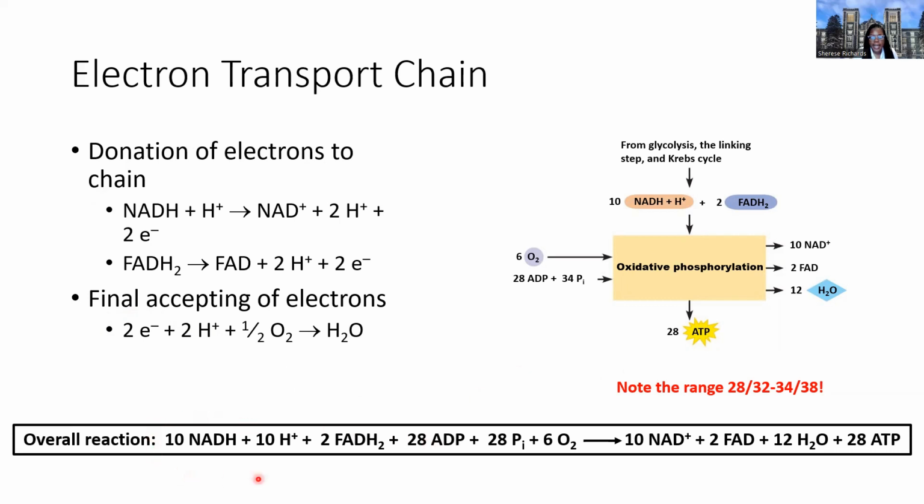So if we insert 10 NADH carrying 10 electrons and 2 FADH carrying 2 electrons, and we insert 28 ADP in the unphosphorylated state, 28 phosphates, and then 6 oxygen, we're essentially going to remove the electrons and use them to move along the chain. And on the end products of the electron transport chain, we have our carriers back in the oxidized state now that we have removed the electrons.